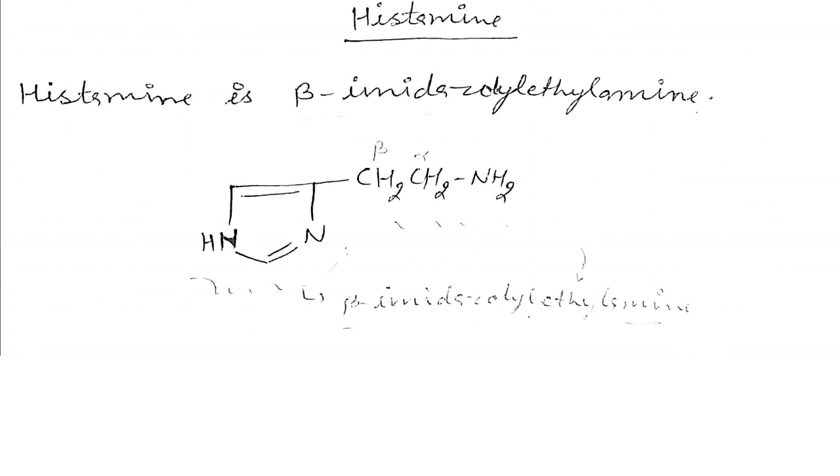One is the primary amine present as ethylamine, a 1-degree amine, and the 2 nitrogen atoms present in the imidazole at the 1 and 3 positions. So that is called the imidazolyl amine. Both are the 2-degree amines present in the imidazole nucleus.